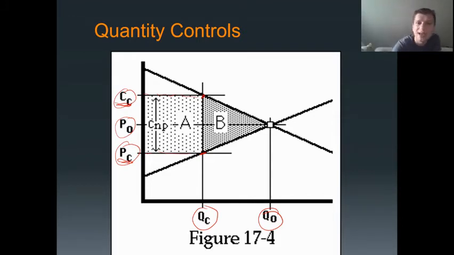In this case, we do have a sizable deadweight loss. Once again, you find it by the quantity, supply curve, demand curve. So B here is the deadweight loss. And this area A that you see here is the total amount of revenue from those licenses that goes to whatever licensing agency there is. So this whole area is not going to be profit.